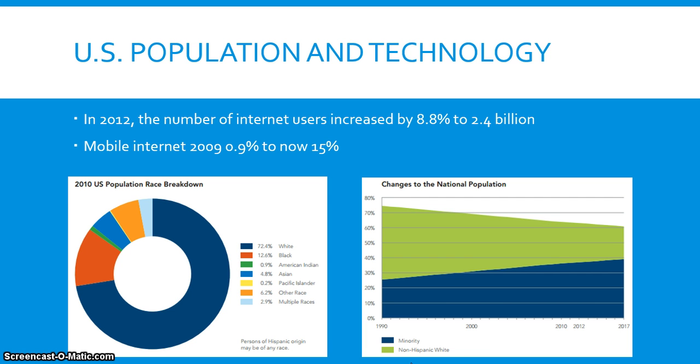Now, what's really interesting is that mobile internet usage in 2009 was seen at 0.9 of 1%, and now in 2015 this has increased to 15%. What this means is that people's access to the internet is right in the palm of their hands. It's on their phones, and people are using these devices at work, on the way to school, while they're working out, while they're on a walk, and so there's really no end to when and where people can communicate.